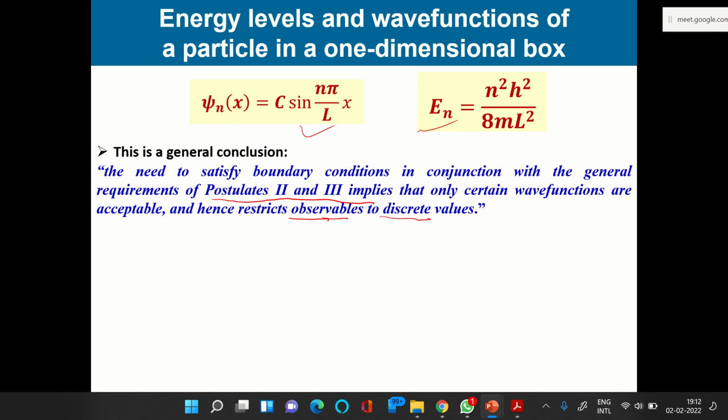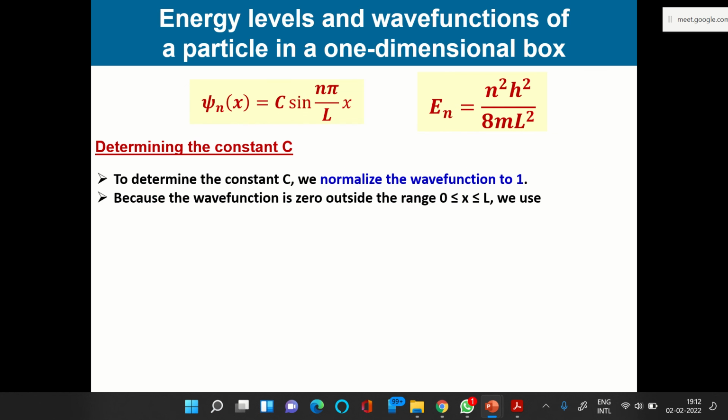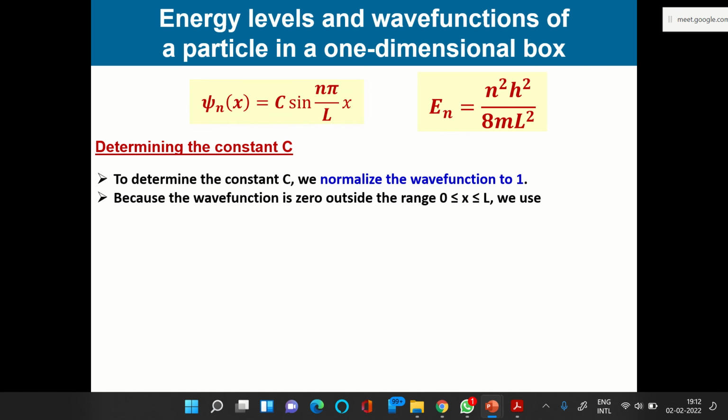This is the emergence of quantization that we are seeing here. So energy has been quantized when a particle is trapped in a box, such that energy rises to infinity at the two walls. There are other things that we will also see are quantized, gradually.